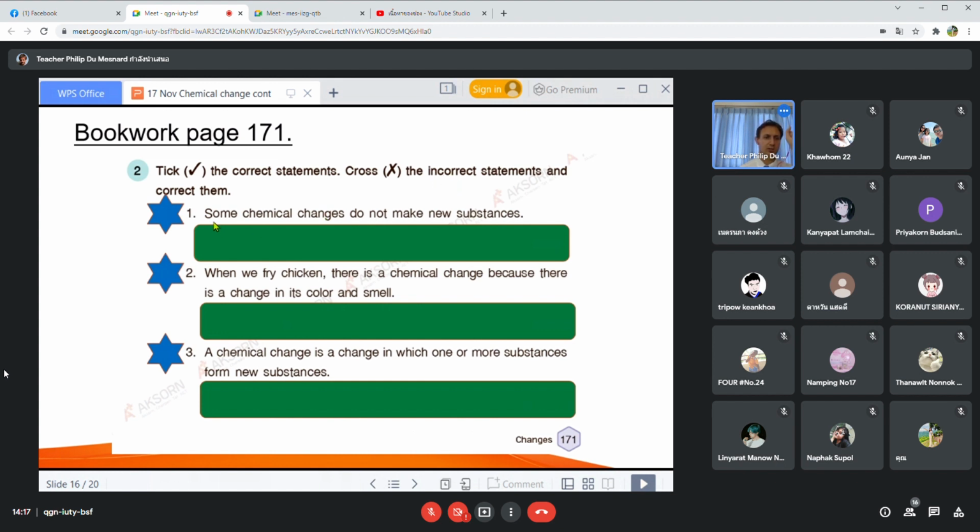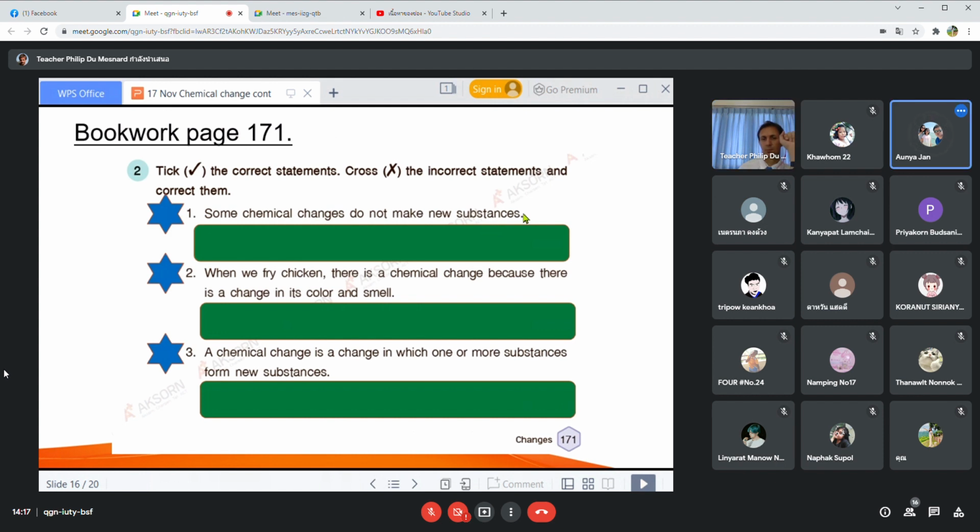So the first sentence says, some chemical changes do not make a new substance. Is that right or is that wrong? If you look at page 168, at the bottom, number 1, it will tell you the answer.